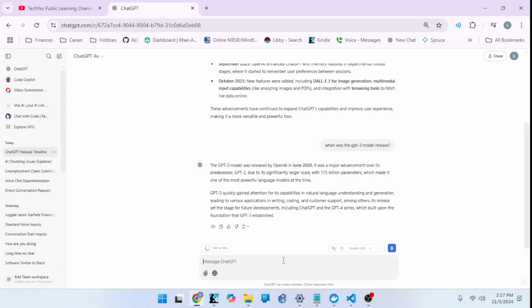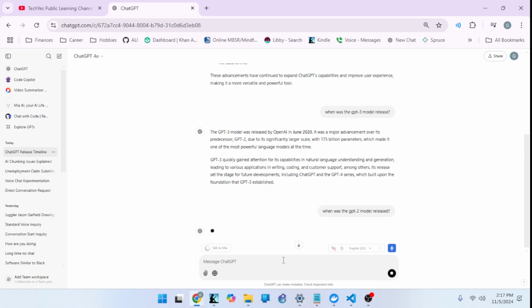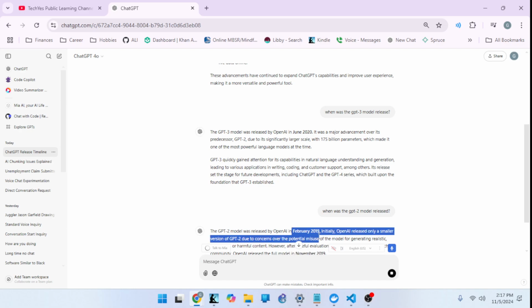So now let's ask it, when was the GPT-2 model released? February 2019. So that's only a year before the release of GPT-3.